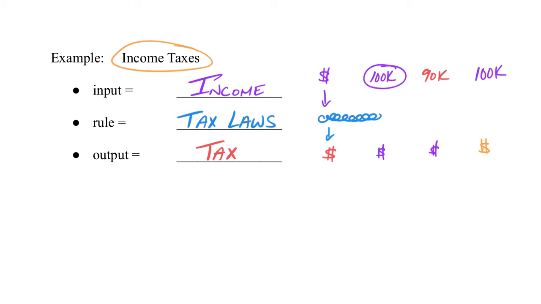Okay, we have a problem. Now, what I want to do is put dollar amounts to this so that it makes sense. Go back to my $100,000 person the first time. When I follow all of my tax laws and it spits out my income tax payment, that's going to be $30,000. Very reasonable.